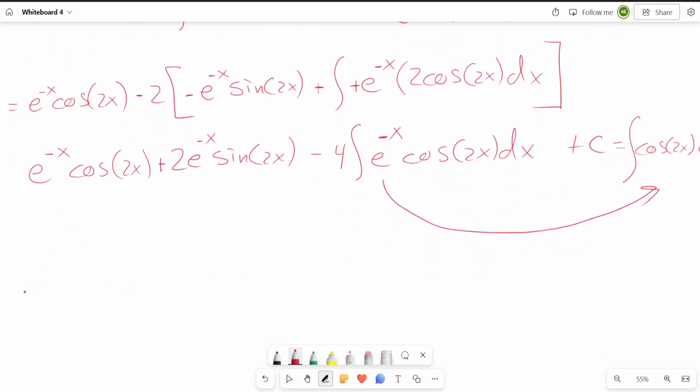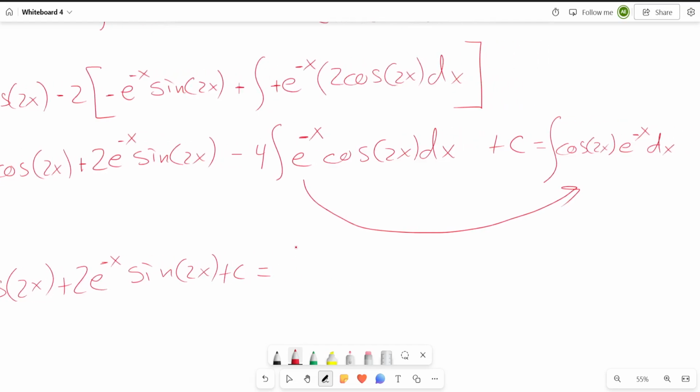Okay, so let's try and do that. Let's rewrite this part, e power negative x cosine 2x plus 2e power negative x sine 2x plus c equal to, I will have an integration of cosine 2x e to the power of negative x dx, and then plus 4 integration of e to the power of negative x cosine 2x dx.